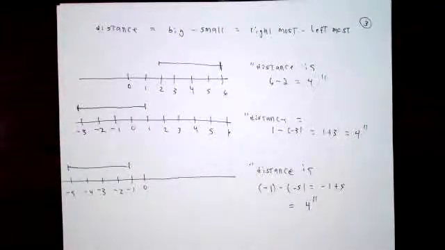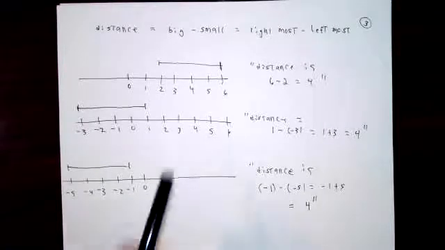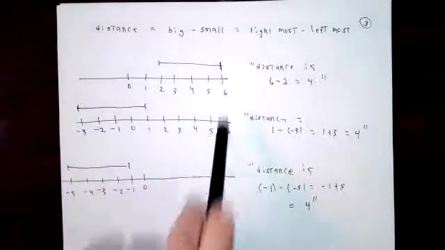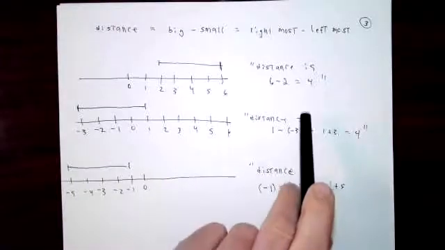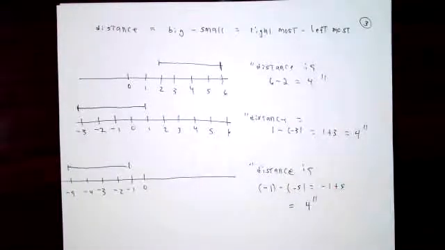And by bigger, of course, I mean literally on the number line, the bigger number is the one that's to the right, and the smaller number is the one that's to the left. For example, if I want to know the distance between x equals 2 and x equals 6, I'll just subtract the two numbers. 6 minus 2 is 4, and that's going to be the distance.